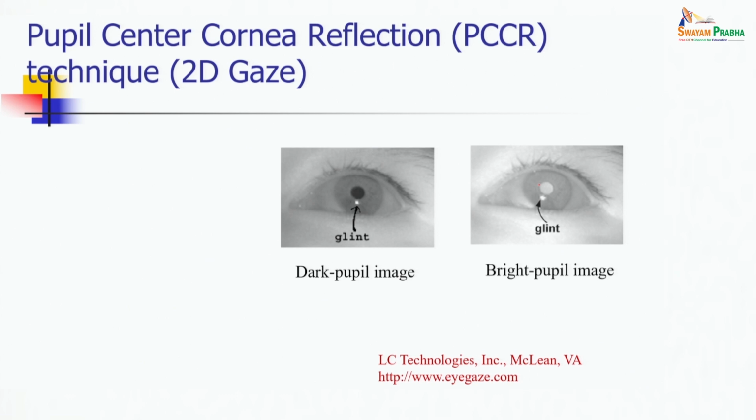The concept is that in our eye the pupil is very easy to detect, because the pupil has a very distinct contrast. Either it is very dark or it is white, depending upon the illumination. When you are imaging, the pupil can be in these two forms, either a dark pupil image or a bright pupil image.